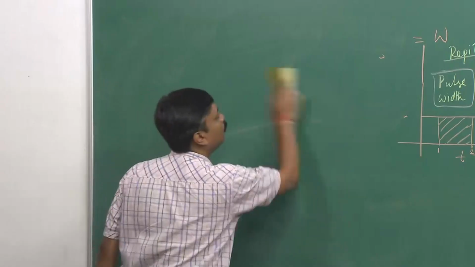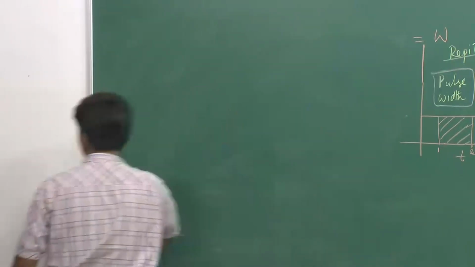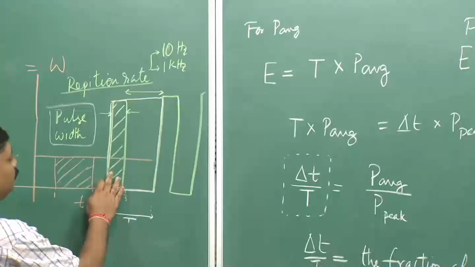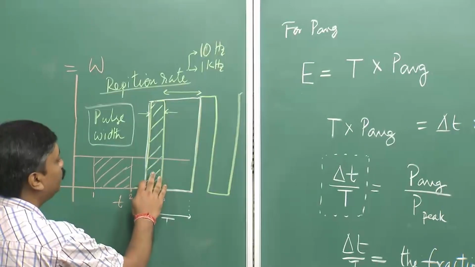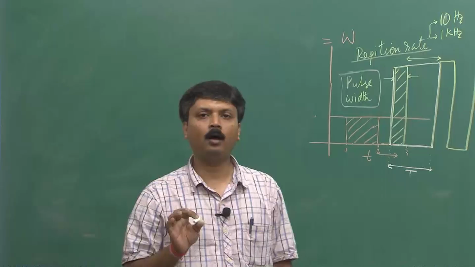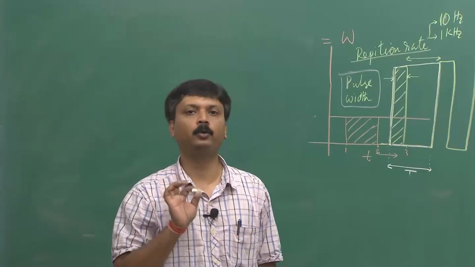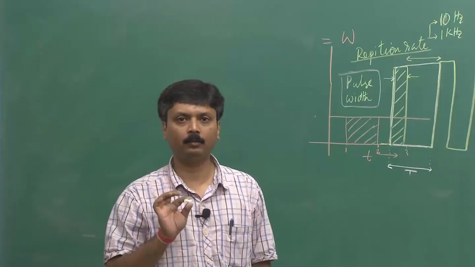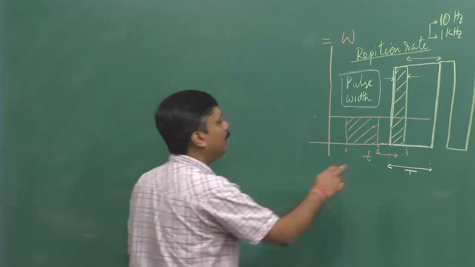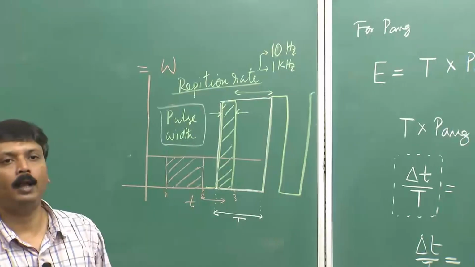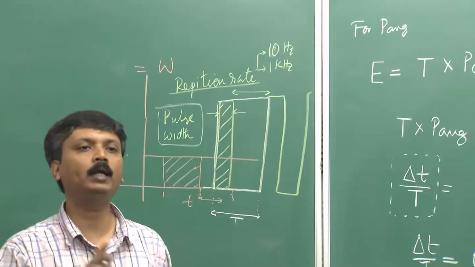While the average power means that it does not matter for how long it is on or off, for a given period of time, how much energy it is producing, and that will define my average power. So, you can understand the value of peak power and average power will be quite different.